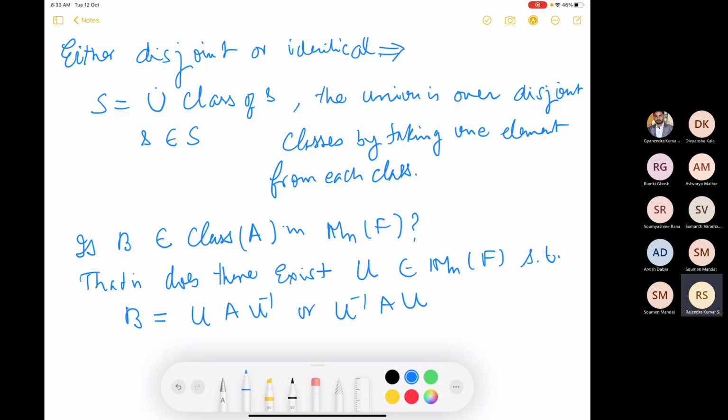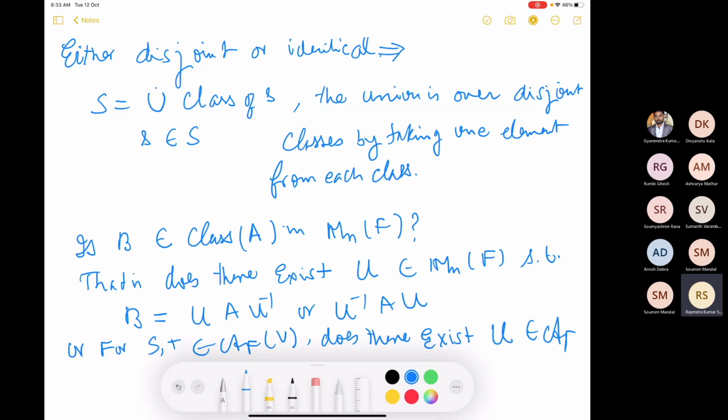That amounts to asking: does there exist a regular linear transformation U in AFV such that S is UTU inverse?